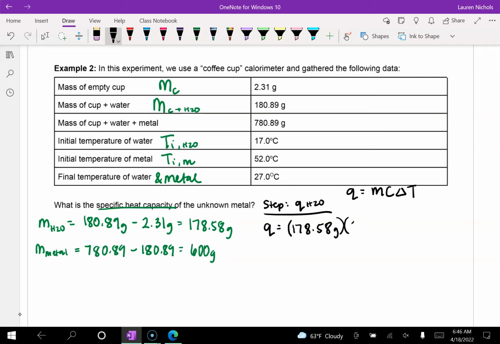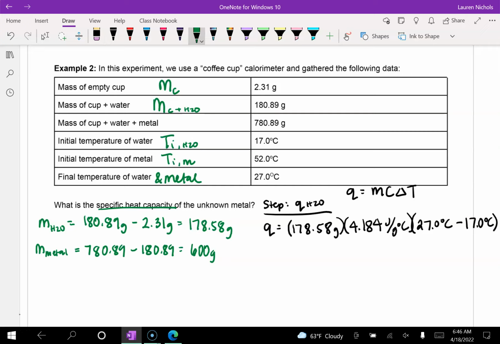We know the specific heat of water is 4.184 joules per gram degrees Celsius. Remember, that is on the back of your periodic table. And the change in temperature: the final temperature of the water was 27.0 degrees Celsius minus the initial temperature, which was 17.0 degrees Celsius.